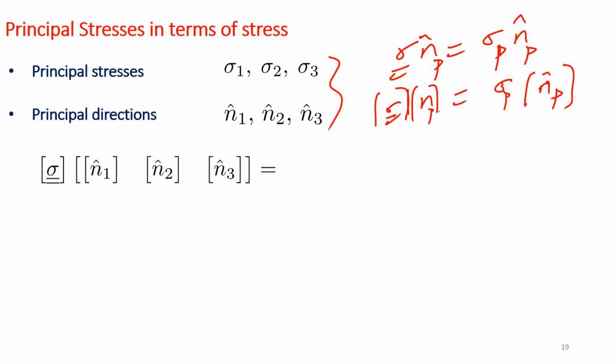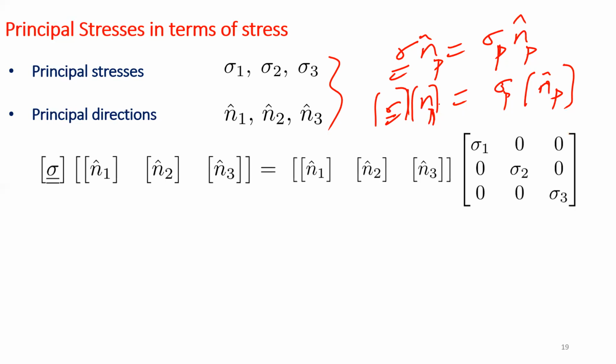So I have 3 such equations, and I'm jointly placing them together on the left hand side as well as the right hand side. I'm not doing anything different. I'm simply writing 3 of those equations, placing them side by side. I'm doing a horizontal concatenation, and n is 3 by 1. This is 3 by 1, and this is 3 by 1.